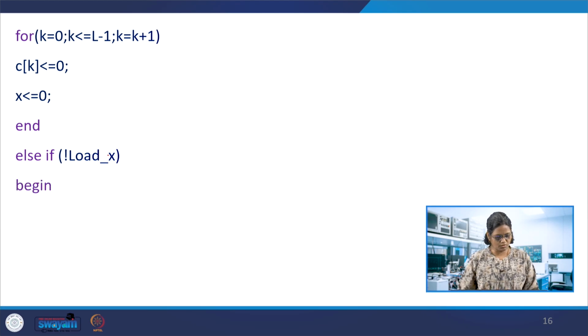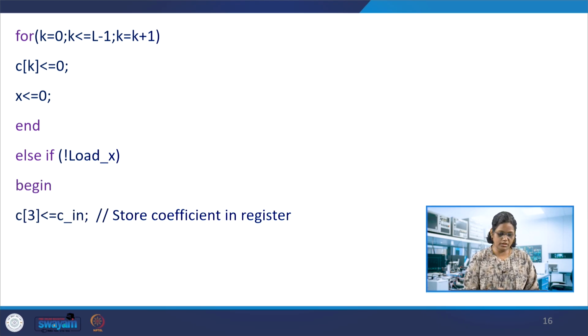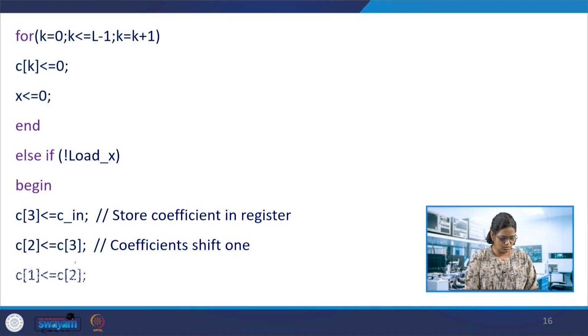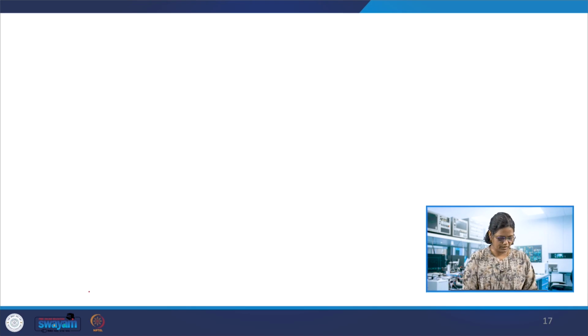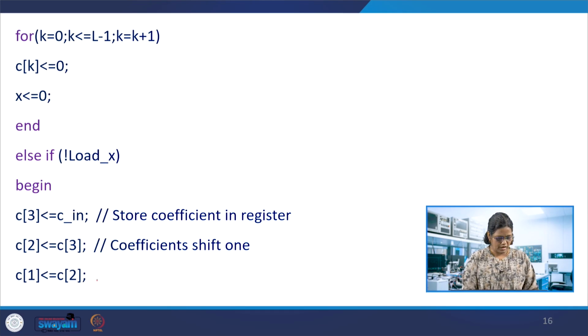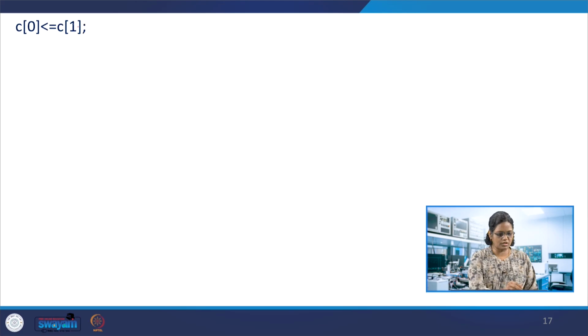And then else, if load x is not 1, then what should be done is load the coefficients, that is c in the first coefficient to c3, and then c3 to c2, c2 to c1, and then similarly here, and then the last coefficient c1 to c0.